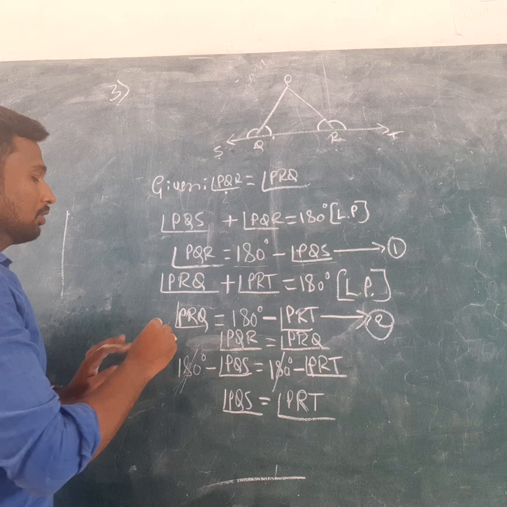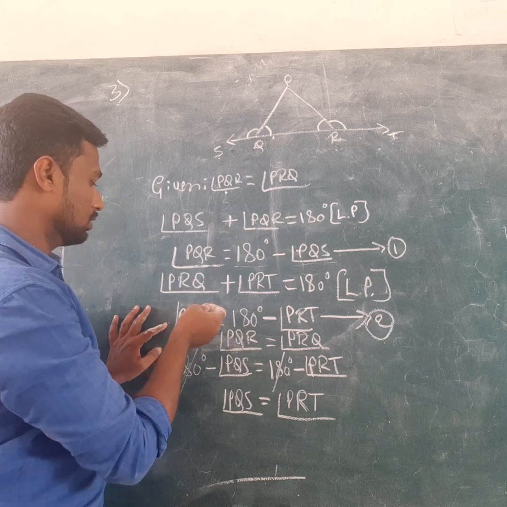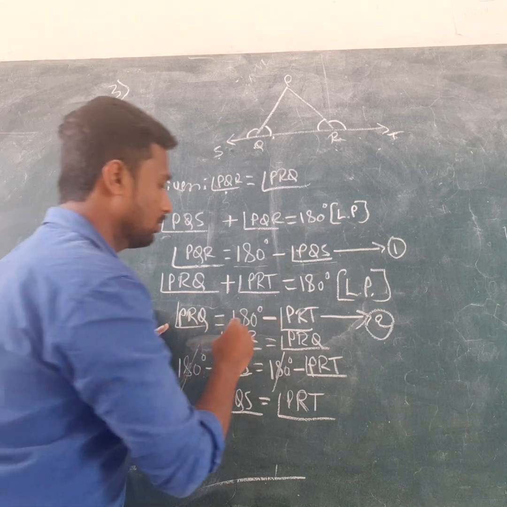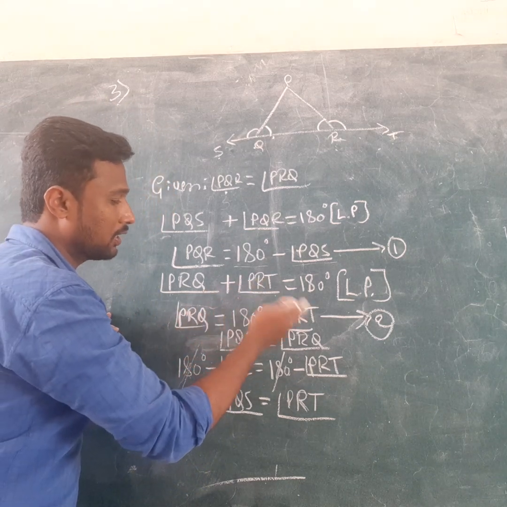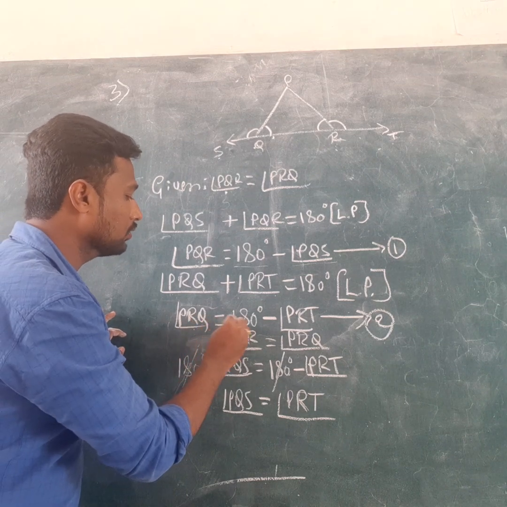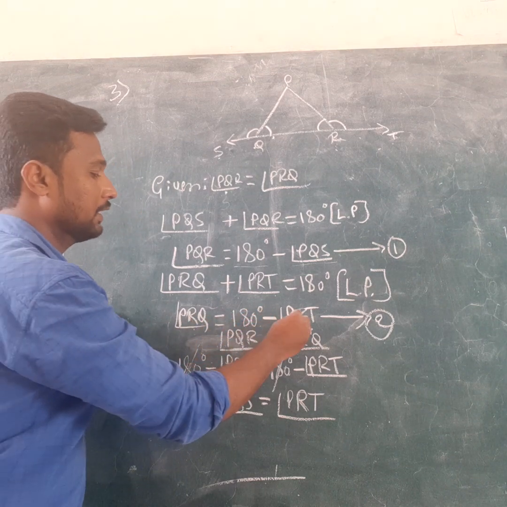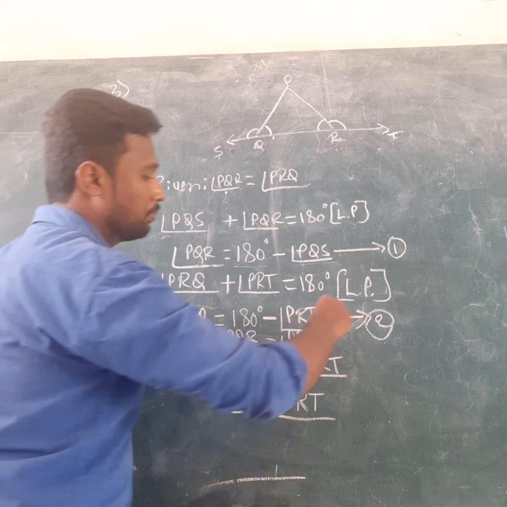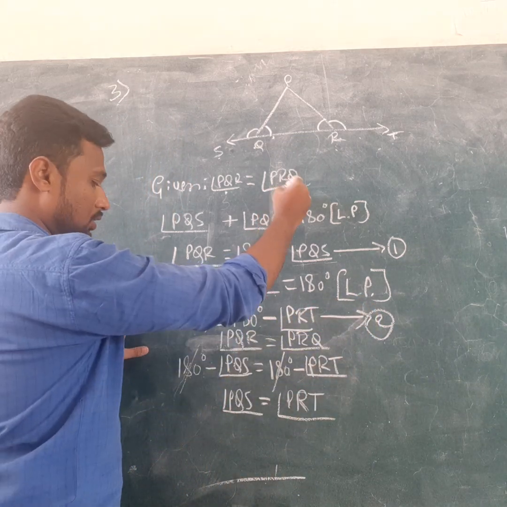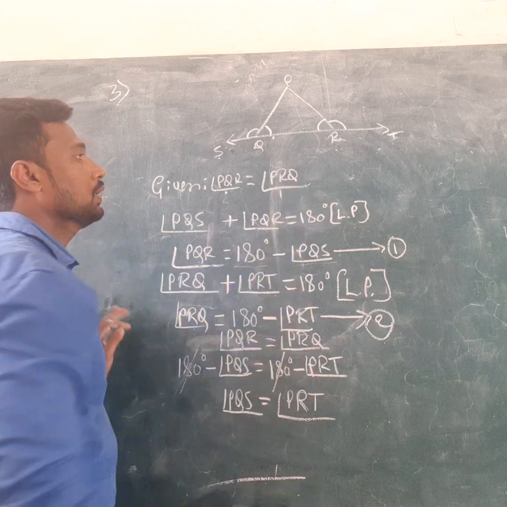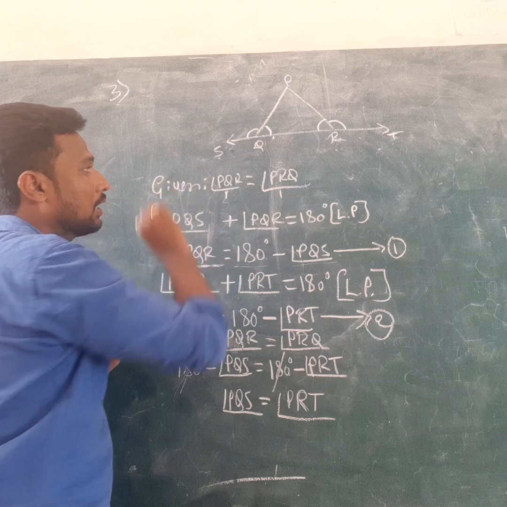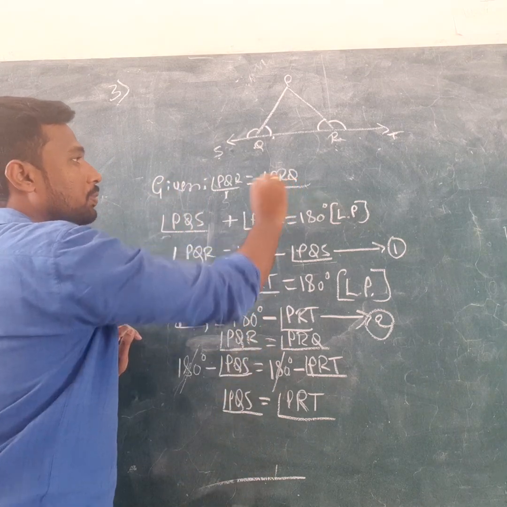Now I will move this PRT to right hand side, and it becomes negative. So PRQ is equal to 180 degree minus angle PRT is my second equation. So now I got the equation for PRQ also. First equation is for PQR and second equation is for PRQ.